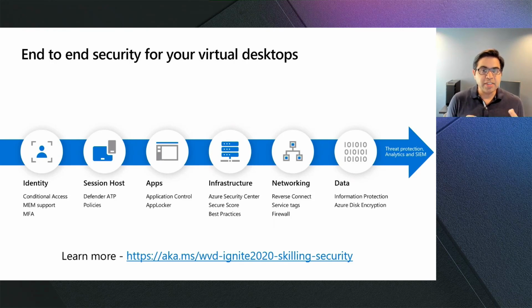What this does is it puts a layer around your data so that it protects it in a way that can't be viewed without the proper credentials being provided. And then Azure Disk Encryption goes hand in hand with BitLocker to keep all of your data encrypted within the VM itself. So a lot of really great work done to make sure that you can secure your WVD deployment and have confidence that it's working the right way.